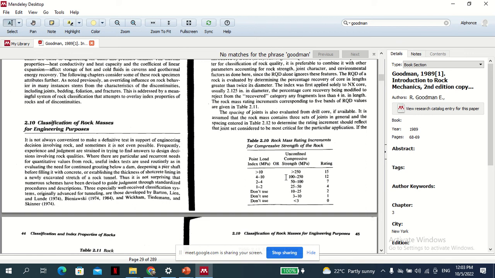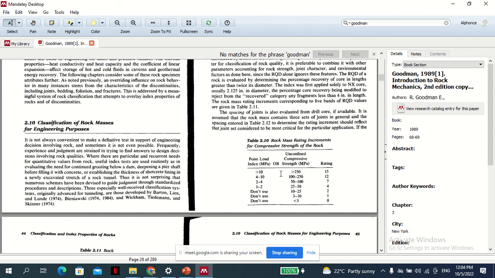Okay, so if the point load or unconfined compressive strength is more than 250, you give a rating of 15. If point load is between 4 to 10, the unconfined compressive strength is around 250, you give 12. This table is shown and is given in the notes.